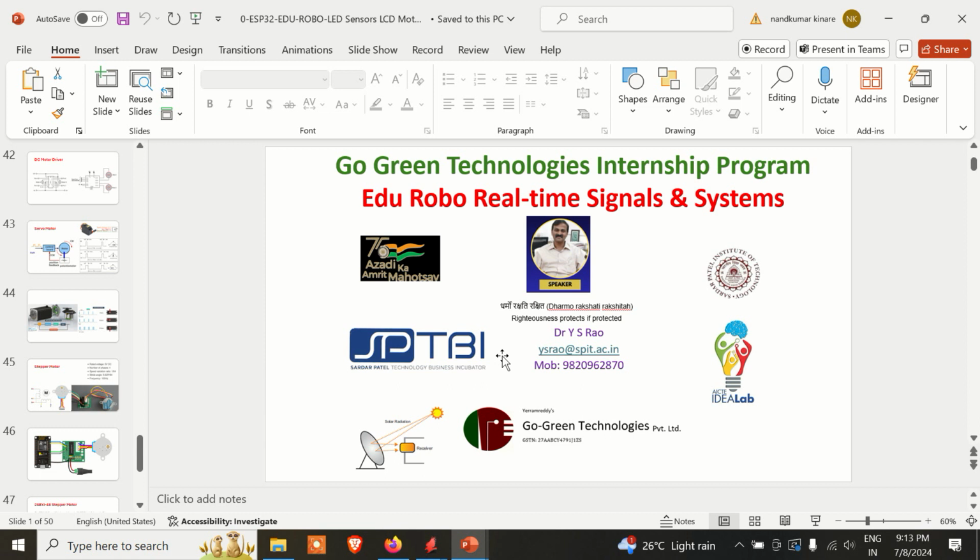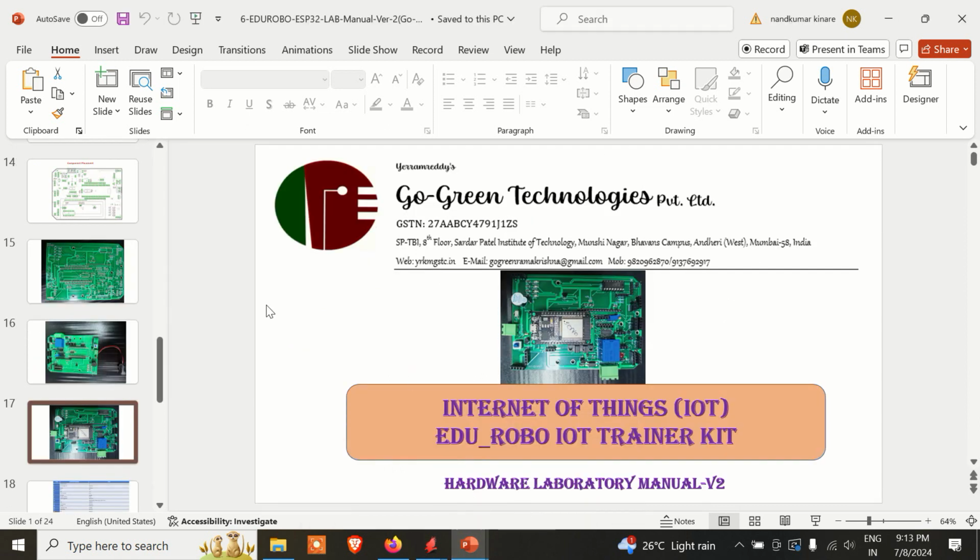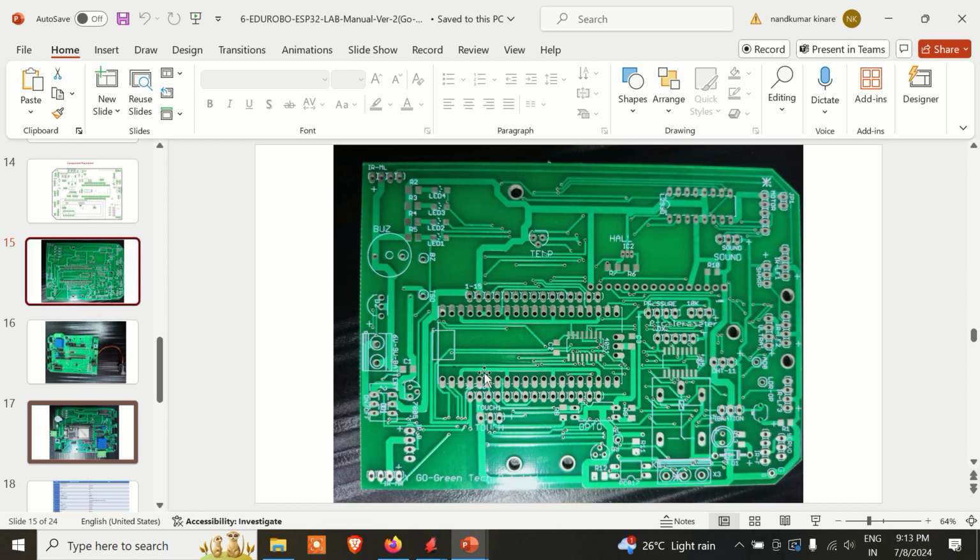The board, as explained in the initial videos, consists of a CPU, a controller, interfaced with several sensors. So this board has been designed, and the final version of the board looks like this, where you have two CPUs as explained earlier.